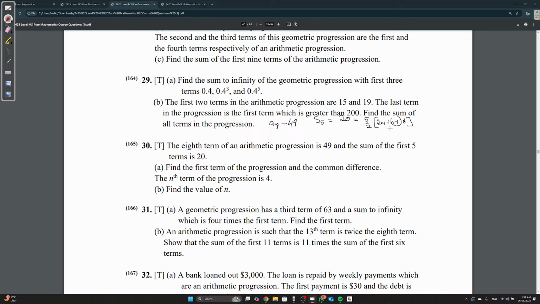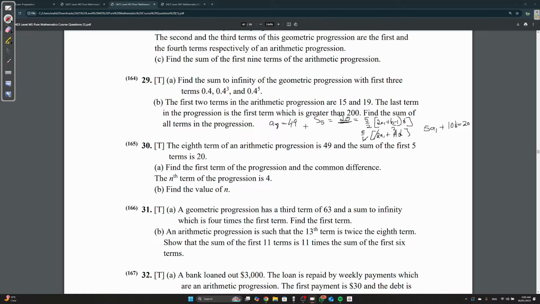N minus 1 d for the first 5 terms, so it's going to be 5 over 2, 2a1 plus 4d, right? You can cancel out the 2 with these two 2's, so this is going to become 2d. So you're going to get 5a1 plus 10d is equal to the sum, which is 20.